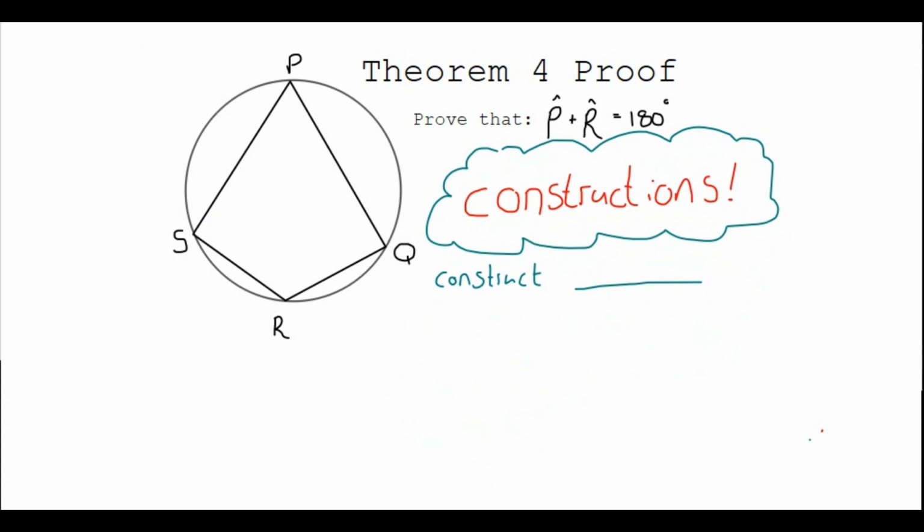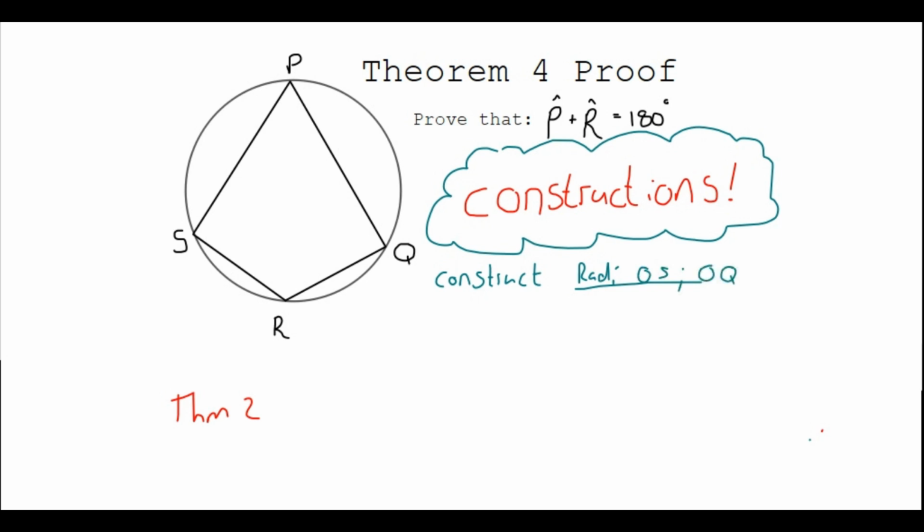For this specific proof, we need to use something to show that angle R plus angle P would equal 180 degrees. We have a really cool tool in our toolbox, known as theorem 2. With theorem 2 in mind, I'm going to construct radii OS and OQ.